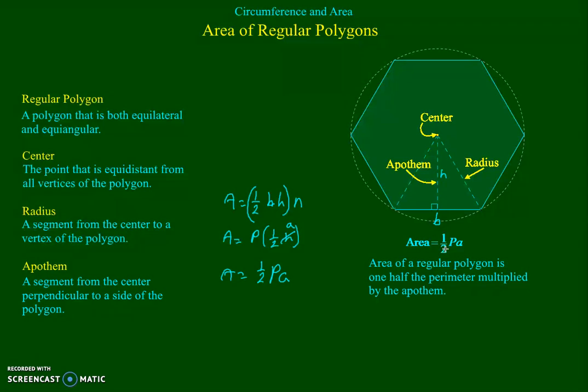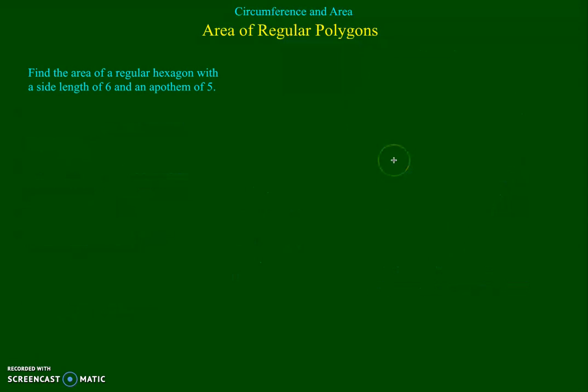Now the actual calculation of area of a regular polygon can be a rather rigorous process, so we're going to work several examples and take a look at one of the best ways of doing this, or multiple ways of doing this, and you can pick what you think is the best way to do it. So for our first example, we're going to start out with a basic one just to get a feel for the idea.